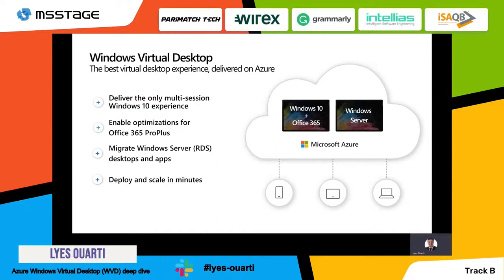Also, the other added value that Microsoft provides with Windows Virtual Desktop is a unique operating system, which is only available on the Microsoft Cloud. This operating system is a special version of Windows 10. It is Windows 10 multi-session. What this means is that we offer the customer the same Windows 10 that they use on-prem in their laptops and desktops.